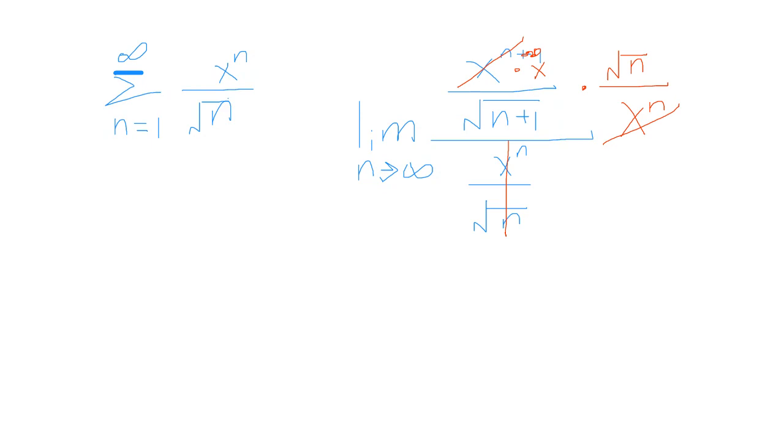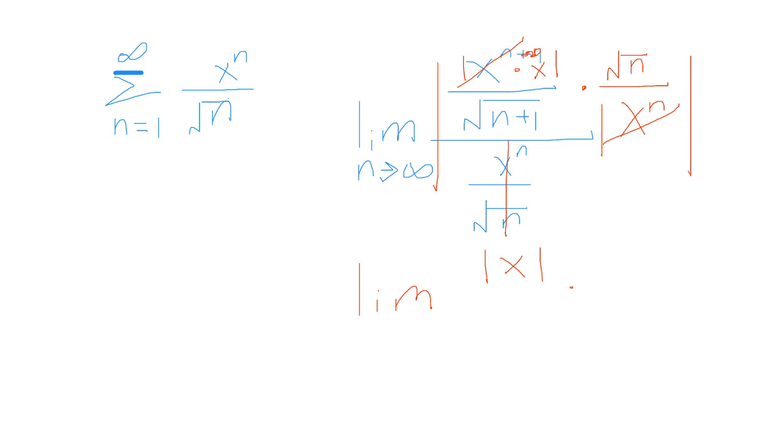So I have x, oh, I forgot the absolute value. All I have to do is put absolute value around the x term, because the n term is positive, right? So that's my variable term.